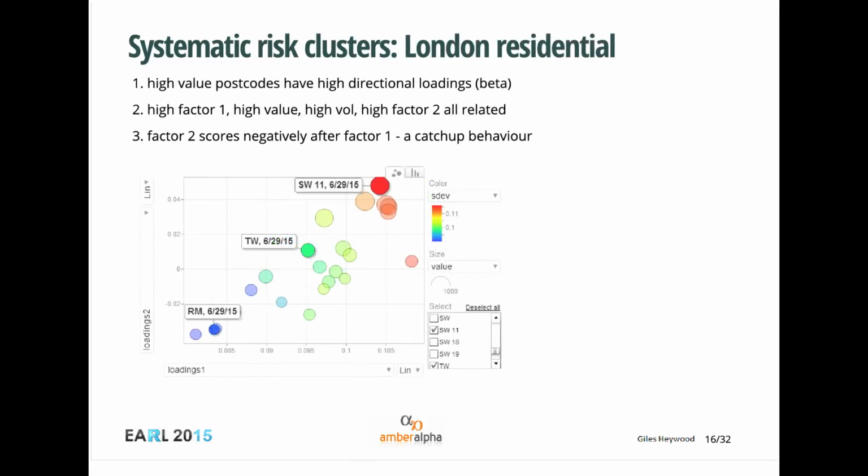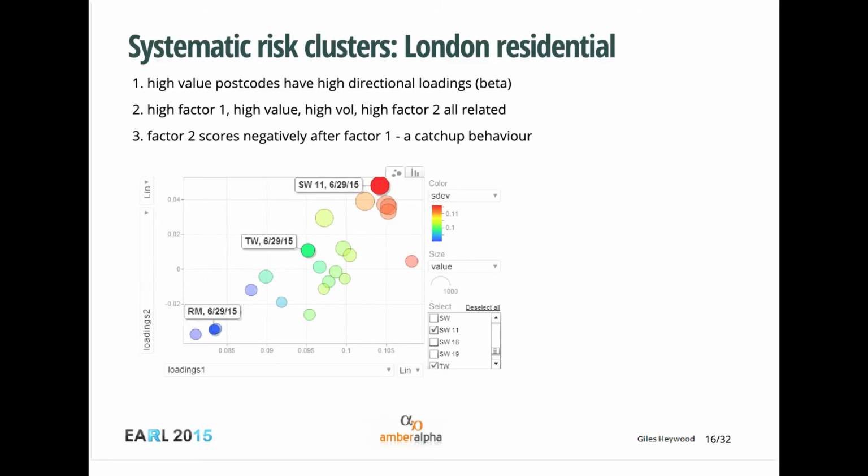And here's London residential, so we can do monthly indices at the postcode area level. For example, Southwest, Twickenham, or Romford. What's quite interesting is that we can get loadings on factors 1 and 2, the standard deviation, and also the average value of the properties.